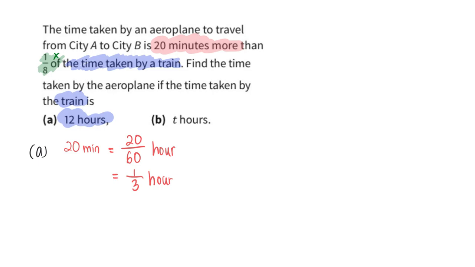Okay, so the time taken by the aeroplane is equal to 1/8 multiplied by 12 hours, and after which I need to plus the 20 minutes, which is 1/3, since everything is in hours.